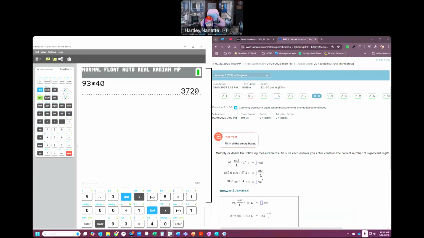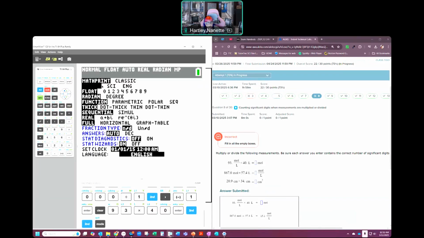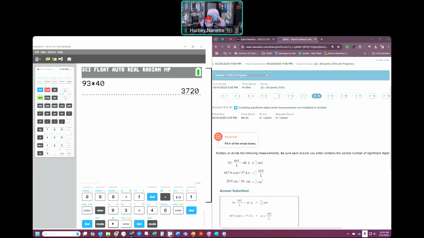Enter. And if I'm worried about the sig figs, I can go to mode, and I want to change this from normal to scientific. So I want to use this key right here, and I want to hit enter there, and I go second quit, and I do times 1 because I want to take this answer and multiply it by 1 to get the same thing, but now it's in scientific notation.